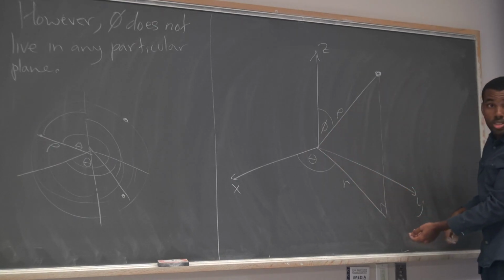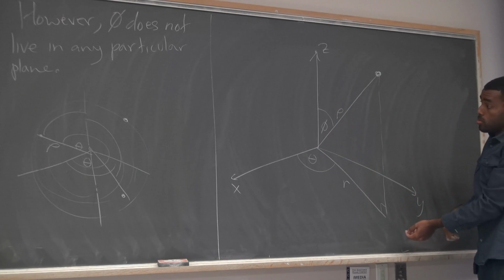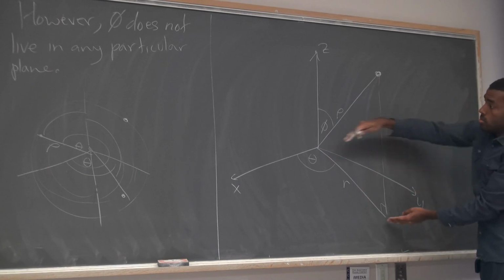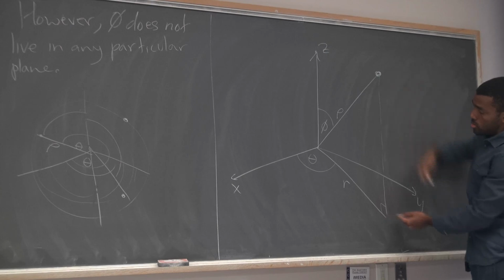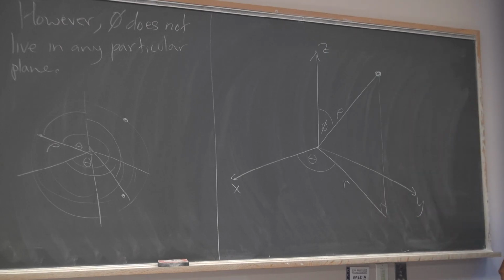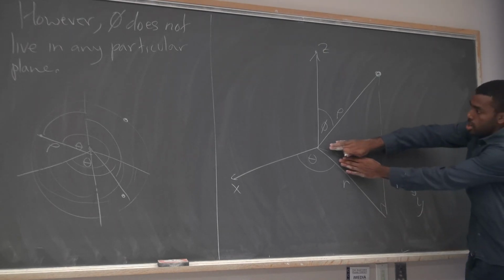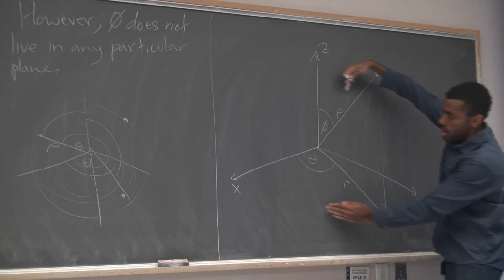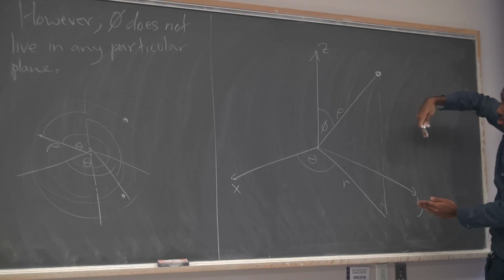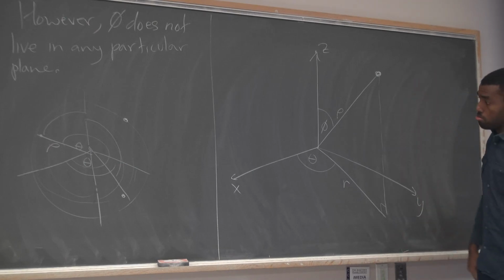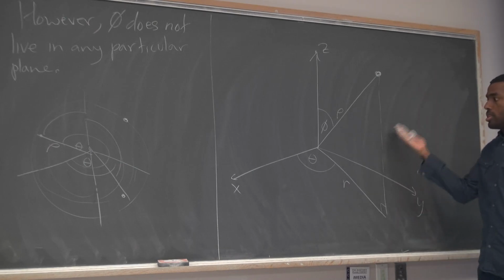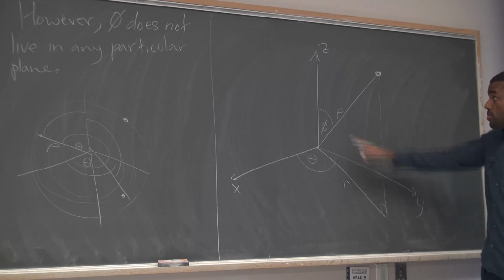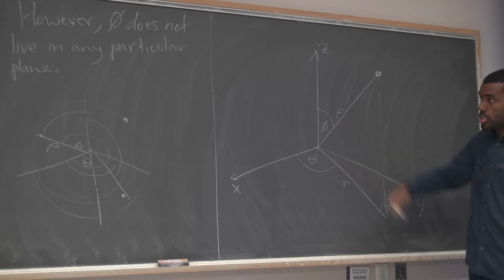You can think of this as a right triangle, and this is like a plane that they span. And this plane can be rotated anywhere around this axis here. That's pretty much everything. We can just rotate this plane. So the phi doesn't live in any plane, but the theta is always in the xy plane.